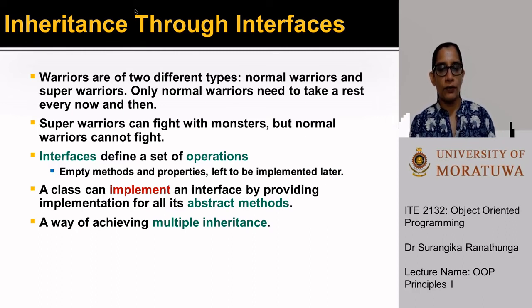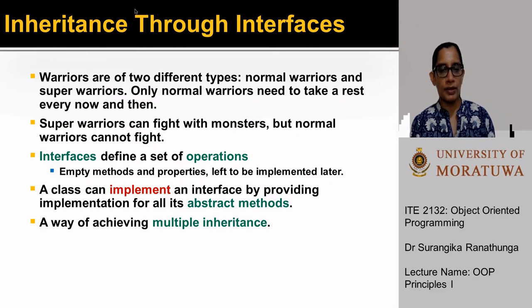So that means who can fight? Super warriors can fight, monsters can fight, but not the normal warriors. Now we want to capture the logic related to fighting that will go into the monsters and super warriors. In the basic case, we can add the logic separately to the monsters and separately to the super warriors.